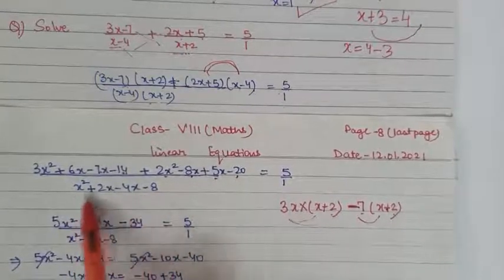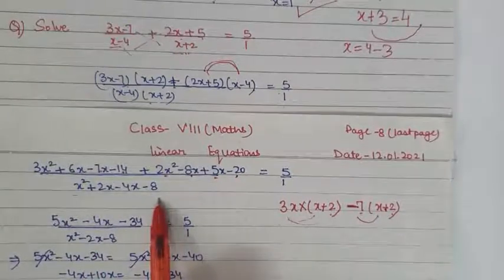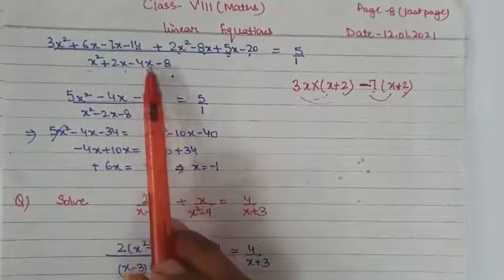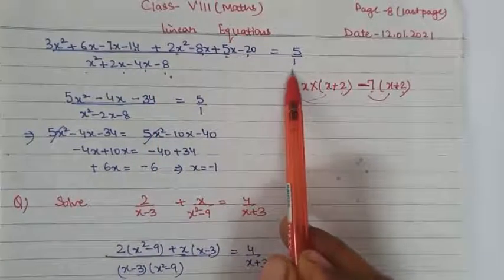And in the denominator also, we are multiplying the two brackets and we got x square plus 2x minus 4x minus 8 is equal to 5 upon 1.